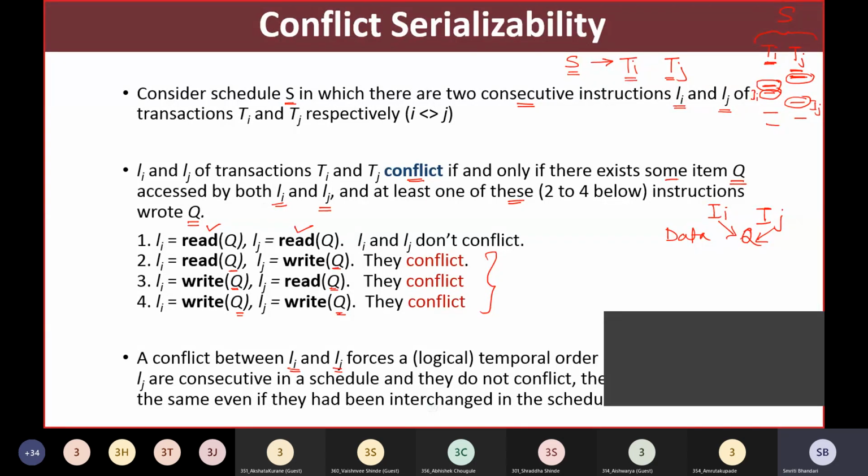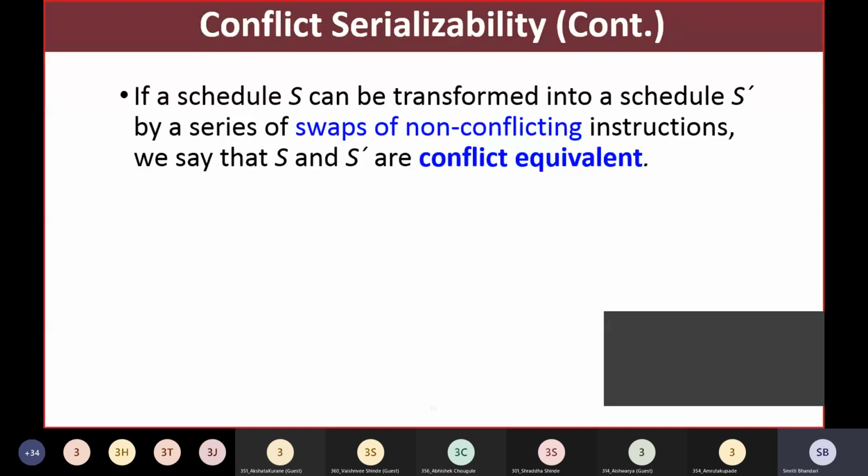But if there is no conflict, then we can interchange these instructions. So if there is no conflict, it is possible to interchange the sequence of II and IJ.